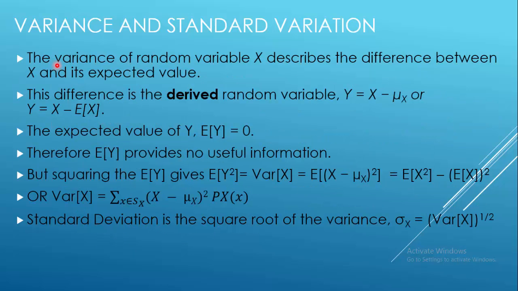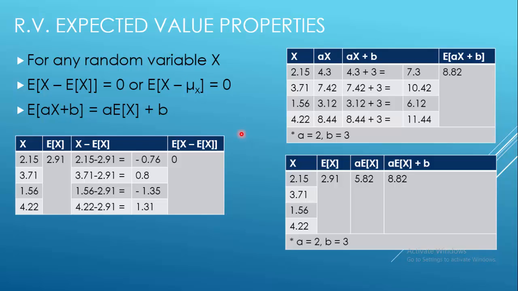So the variance of random variable x describes the difference between x and its expected value. This difference is a derived random variable y. Again, the difference we get between the random variable and the expected value is itself a derived random variable, and if we take the expected value of y, it will be 0, as we have seen over here.